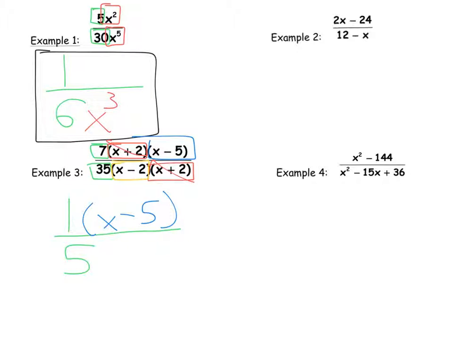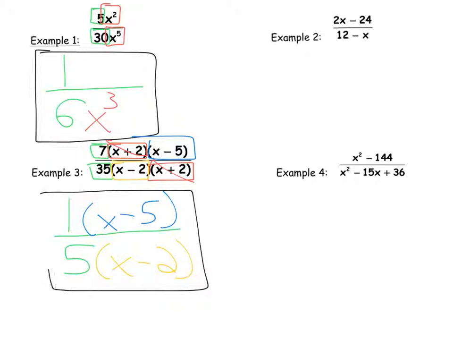Nope, I don't think so. And so we are going to get x minus 2 staying in the denominator. What are we left with? One reduced fraction, 1 times x minus 5 over 1 times x minus 2, and unfortunately, our x plus 2's got rid of each other. And so that is our final answer.